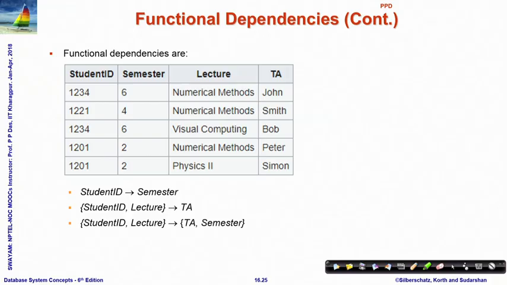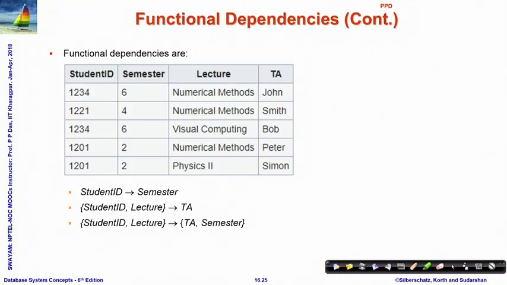In the next couple of slides I have shown a few examples of functional dependencies of different tables. Here student ID functionally determines semester, which means that we are trying to model that a student cannot be at the same time in 2 semesters. Then student ID and lecture together functionally determine who is the TA, and so on.